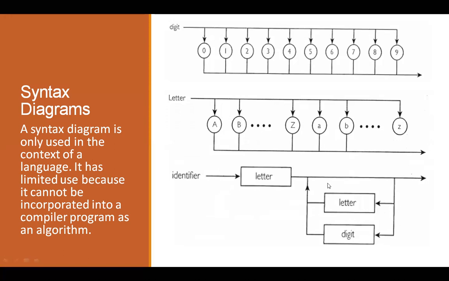An identifier can be defined as a letter, and then, following the arrow, it can be either a letter, or a letter and digit, and then a letter can be the identifier itself. So this is the recursive definition. This arrow going back is the recursive way of defining the identifier.